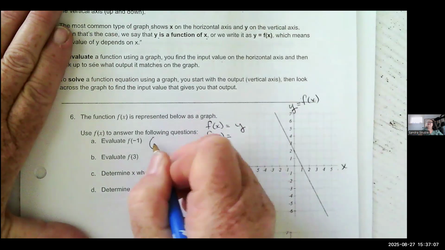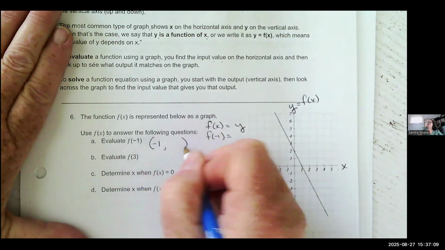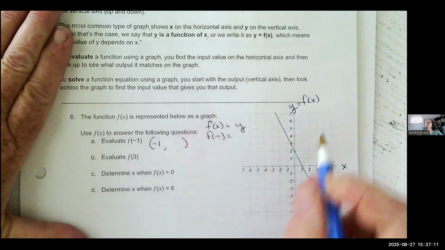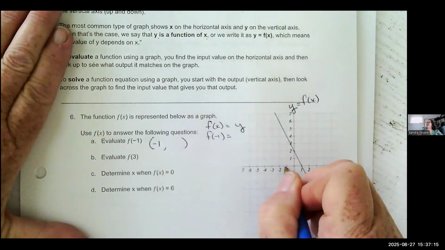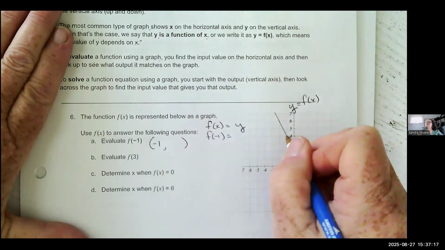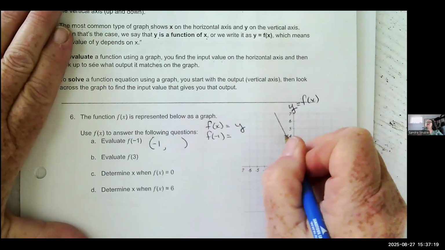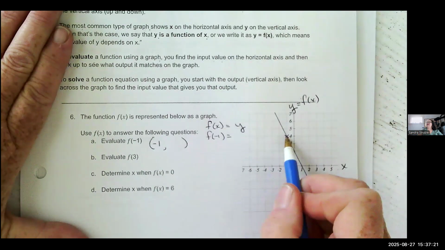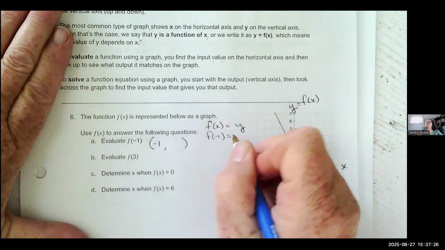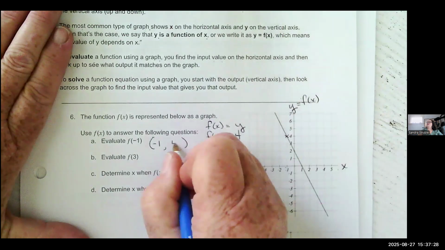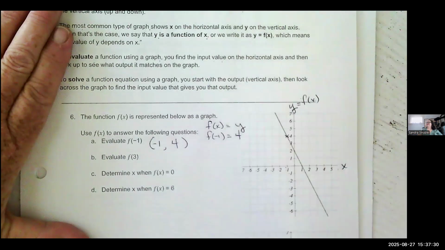We've got a -1 for our input. What is the output on this graph? I come over here and find my -1 on the x values, find that on my graph right here, and then I look to see where that is along the y-axis, and that is 4. So I have -1, 4 as my point.